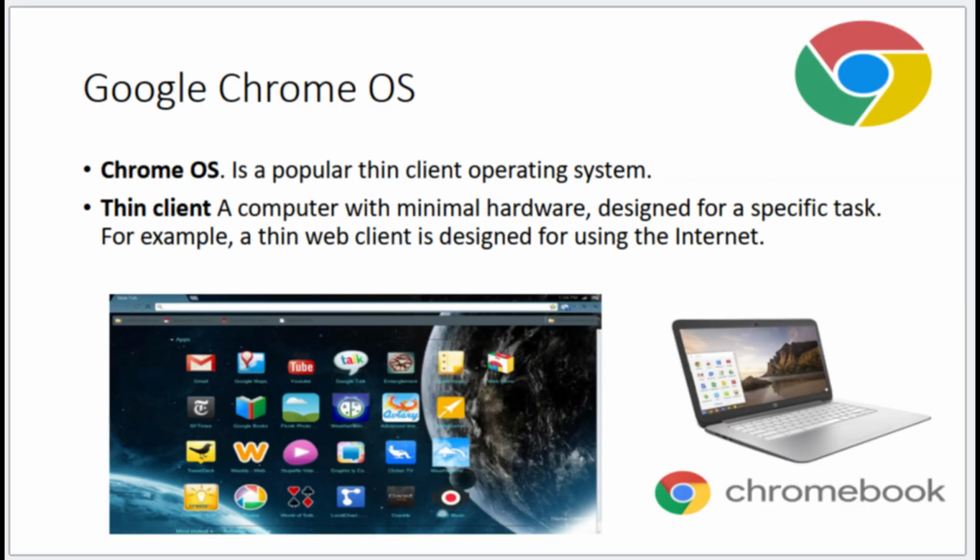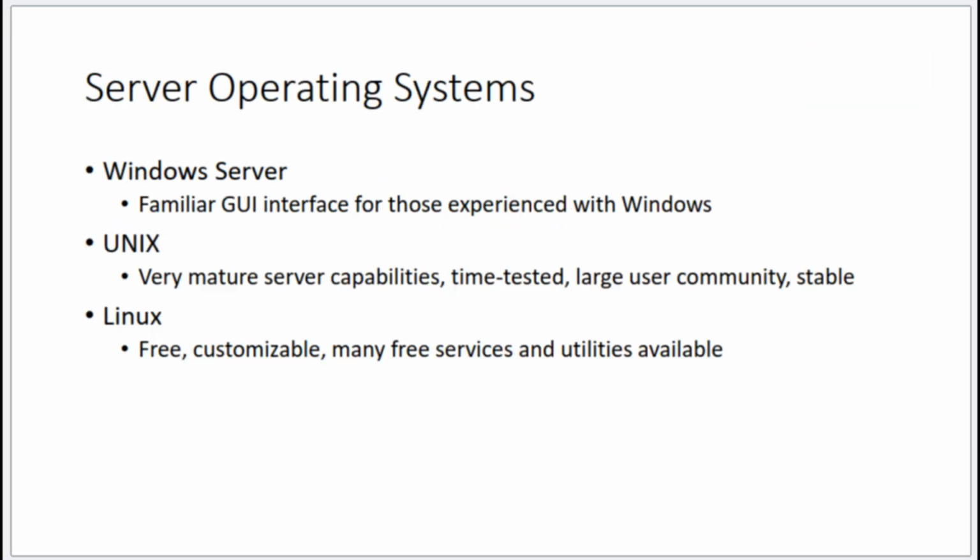Google Chrome OS: Chrome OS is a popular thin client operating system. A thin client is a computer with minimal hardware, designed for a specific task. For example, a thin web client is designed for using the internet. Server operating systems.